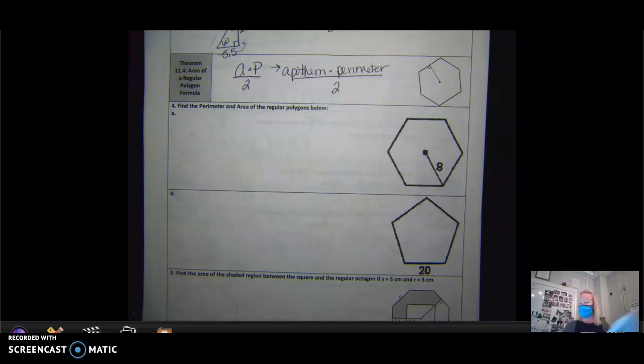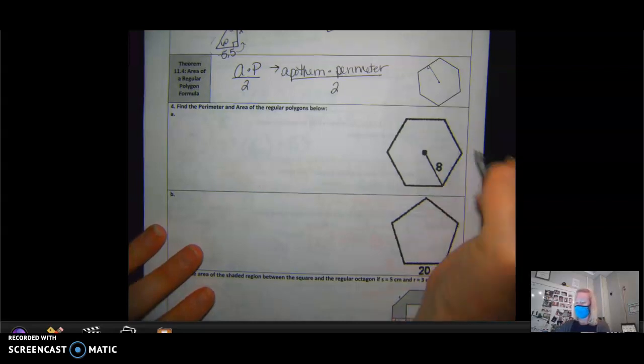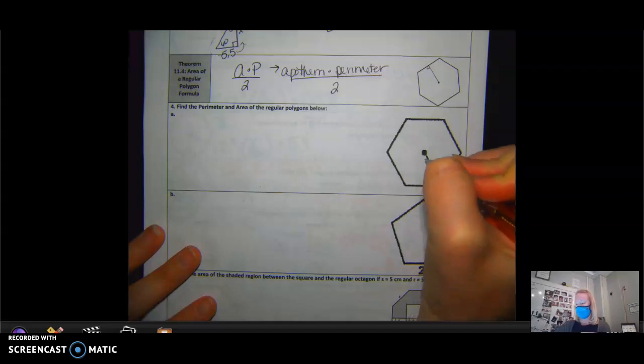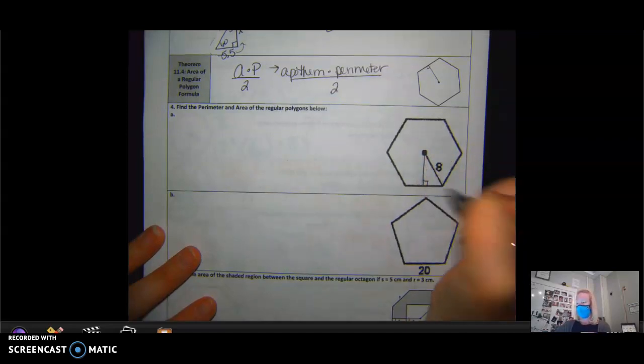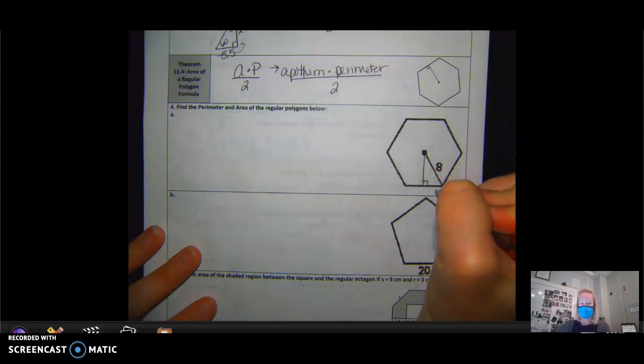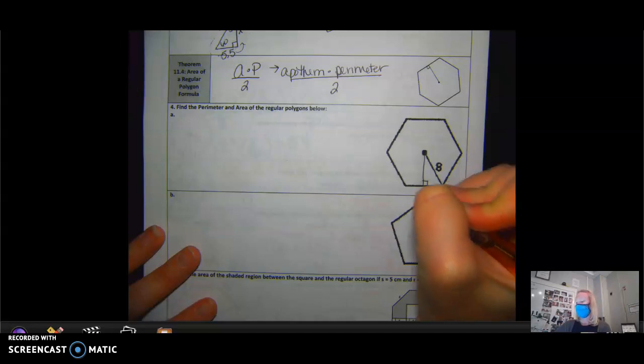Okay, find the perimeter. So 4A, find the perimeter and area of the regular polygons below. Okay, so what did you guys have to do first? Found this apothem and found the what? Perimeter.